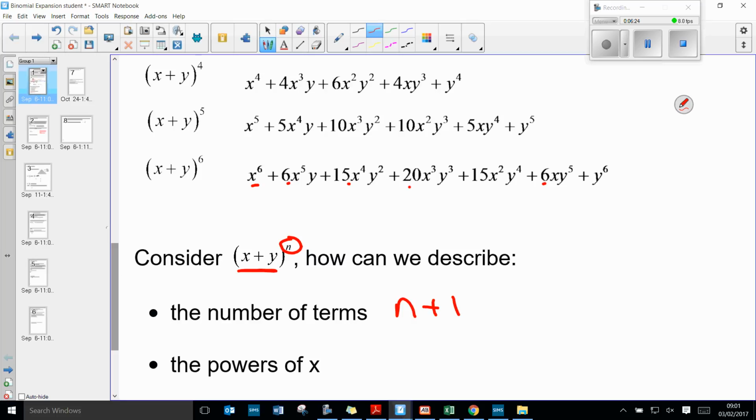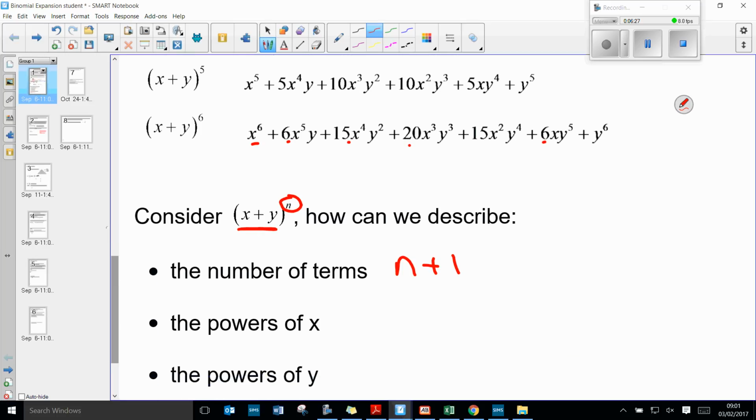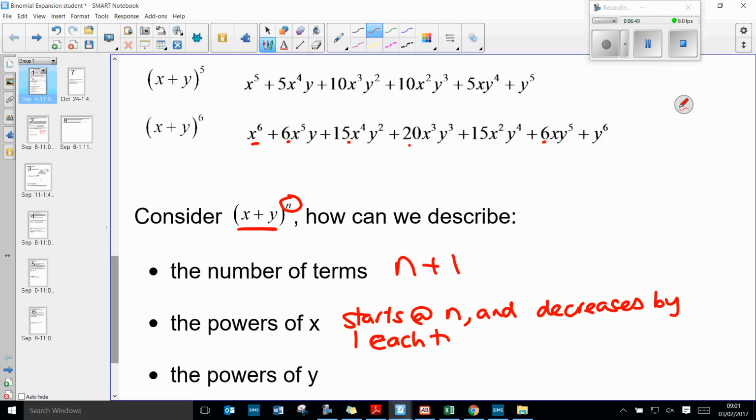What happens to the powers of the x's? Goes n, then n minus 1. Okay, so it starts at n and decreases by 1 each time down to 0. Well, why have I said it's gone down to 0? Because it doesn't exist. Yeah, because we could secretly write x to the power 0 here, couldn't we?